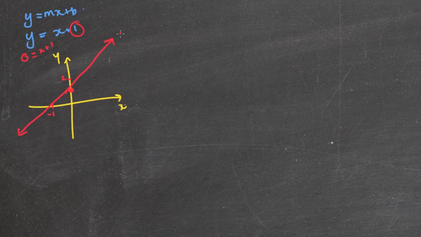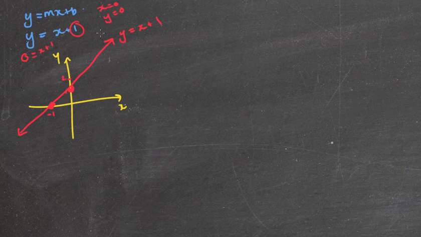So you can see very quickly, without having to do anything else, no table of values, my straight line is very quick. Again, simply putting in x equals 0 and y equals 0 gets you your two points, your x and y intercepts, and you can draw a straight line.